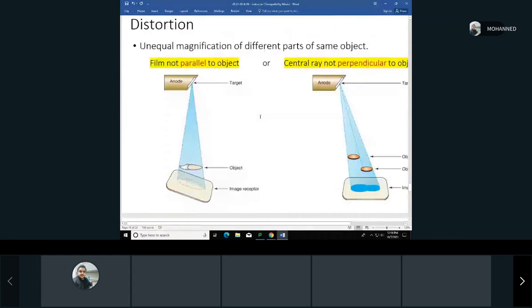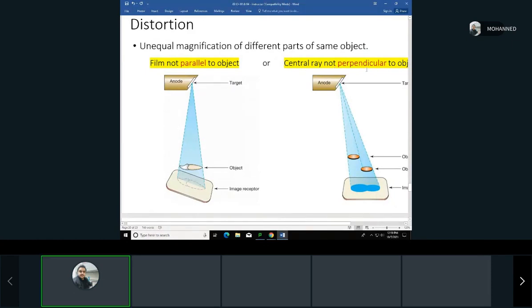Okay. Distortion is just that kind of magnification, but it's unequal magnification. This can happen when the film is not parallel to the object. So you can see this is the tooth and your film is a little bit sideways. If we do this, we have to take it with a bisecting technique, not a paralleling technique. So if the film is not parallel to the object, you get distortion.